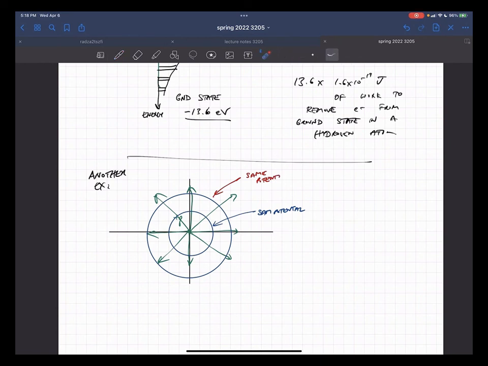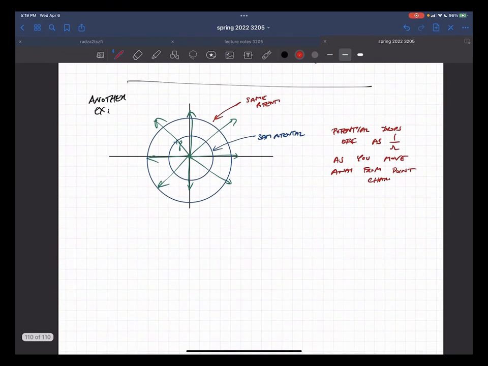Again, these are surfaces perpendicular to the electric field lines. So they're equipotential lines, and the potential drops off as 1 over R as you move away from the point charge.